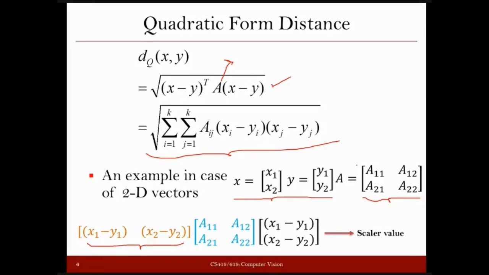In place of A, you have kept this matrix A. And in place of x minus y, again you have kept those subtracted values, x1 minus y1 and x2 minus y2. In this case you see a row vector, and in this case a column vector. The difference comes just because of the transpose: since we take the transpose of the first vector after subtraction, you see a row vector here, and with no transpose here, it is a column vector.